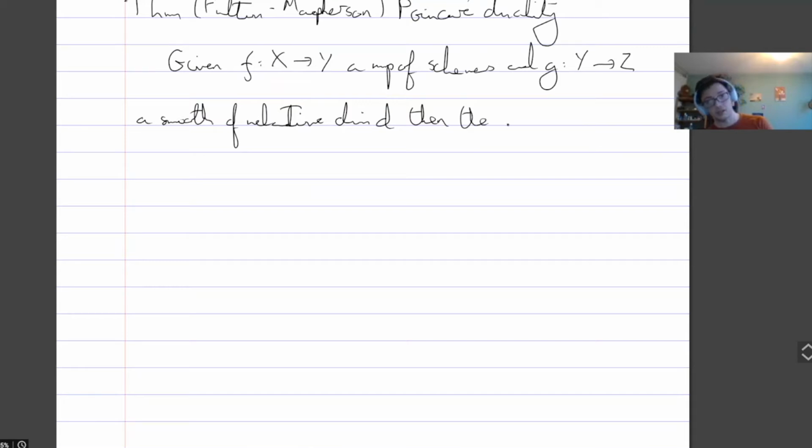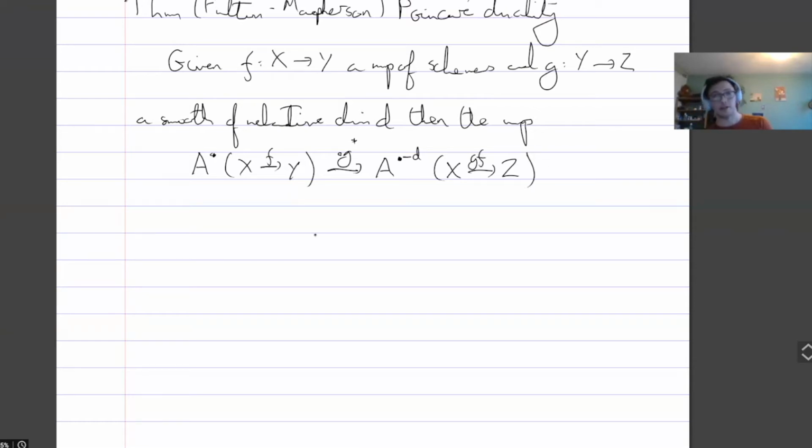So the map A upper dot X to Y, this map is F, composed with pullback along G to define a map, and it shifts the degree down by D to give something inside the bivariant theory of X relative to Z. This is an isomorphism.